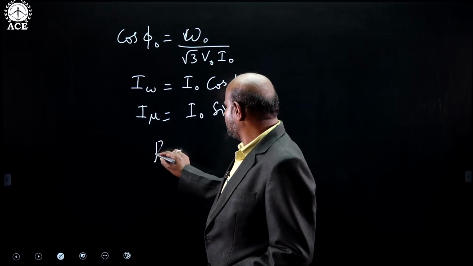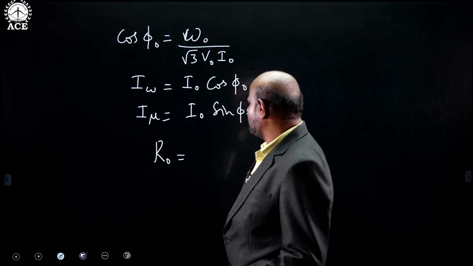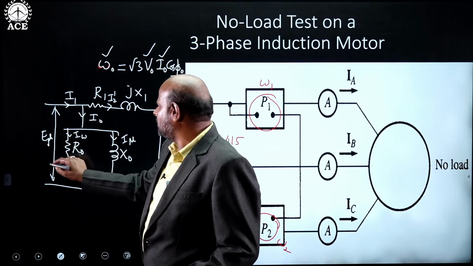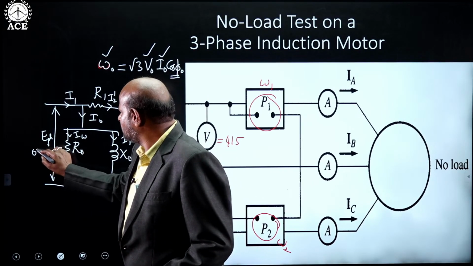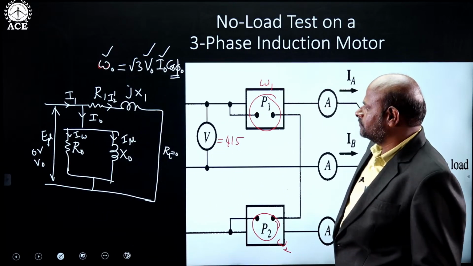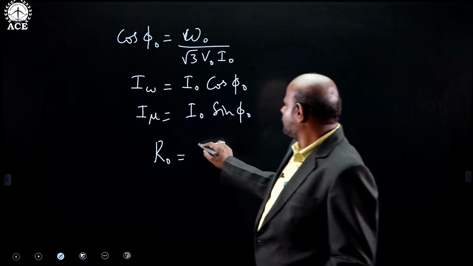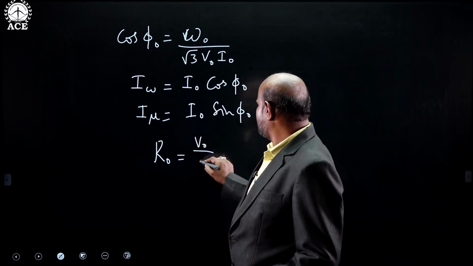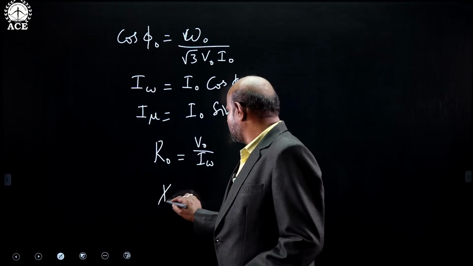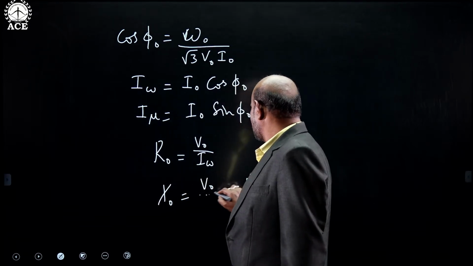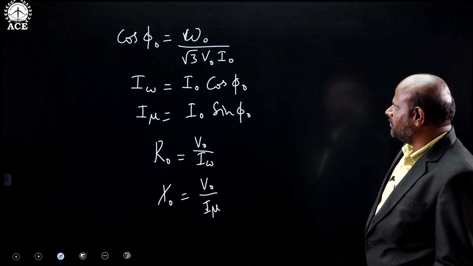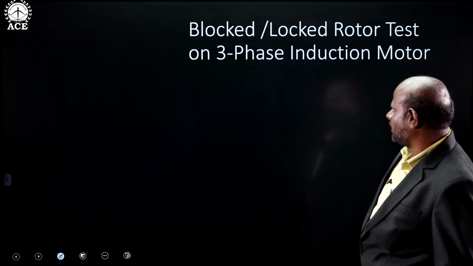So from this, you can find out R0, where R0 is equal to, if EF is the applied voltage, you can also take it as V0. V0 by IW is nothing but R0, and X0 is nothing but V0 by I mu. So in this way, we can find out the no load parameters and no load power factor.